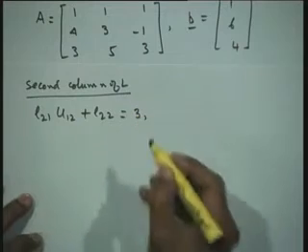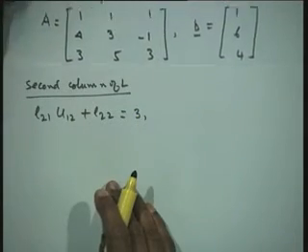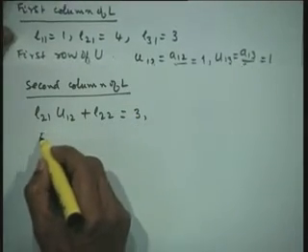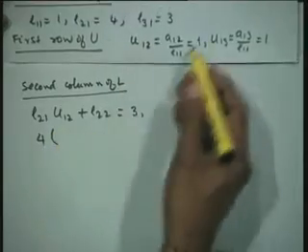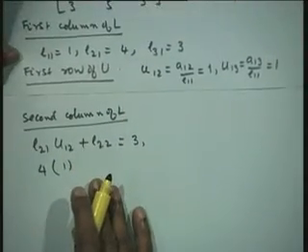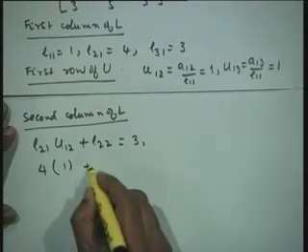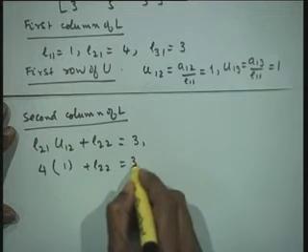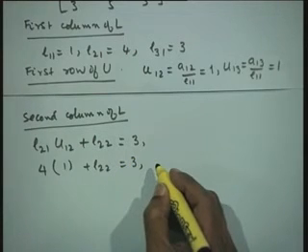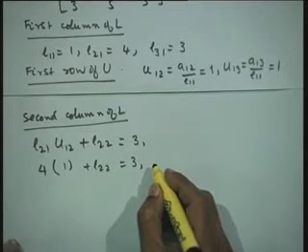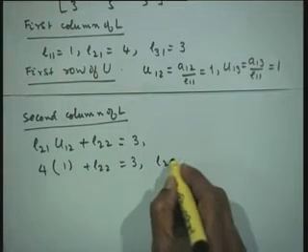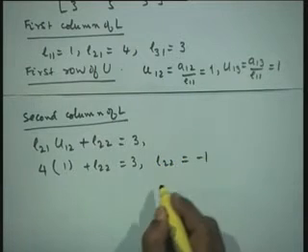So, this is 3. I will now substitute the values of L21, that is 4, U12 is 1, plus L22 is equal to 3. Therefore, I will have here L22 is equal to minus 1.